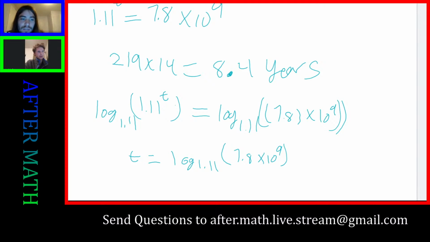I remember in high school they taught you some formula like log of b of a equals c, and that always confused me to memorize. If you just think of it as taking the opposite, it always helps me out a lot more than trying to memorize some formula. Yeah, for sure.